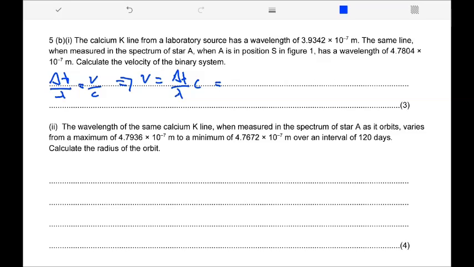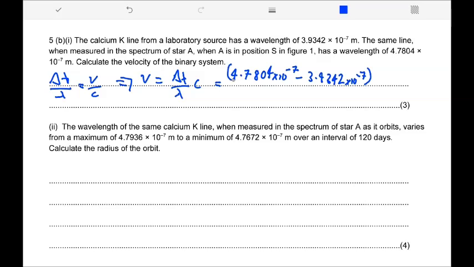So the difference in these is going to be 4.7804 times 10 to the minus 7, minus 3.9342 times 10 to the minus 7.